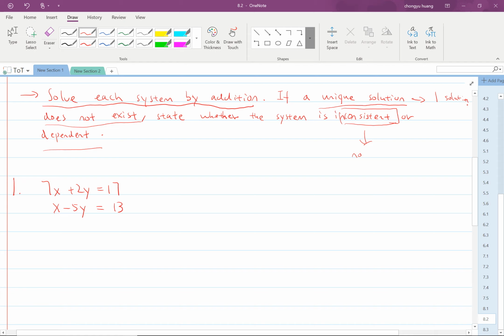Inconsistent means no solution, and dependent means infinitely many solutions. I think there's some problem with this question wording, but that's what it says.